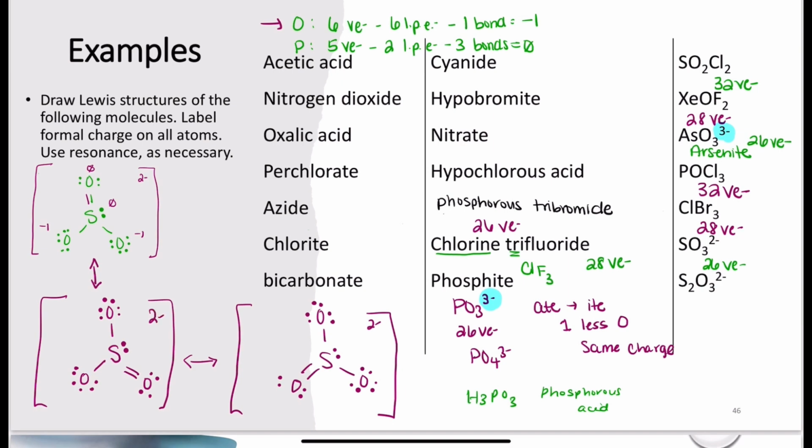Negative 2. This has a negative 1 charge. This has a negative 1 charge. 0 and 0. 0, 0, negative 1, negative 1. Again, these are resonance structures, and in this case, they all contribute equally.